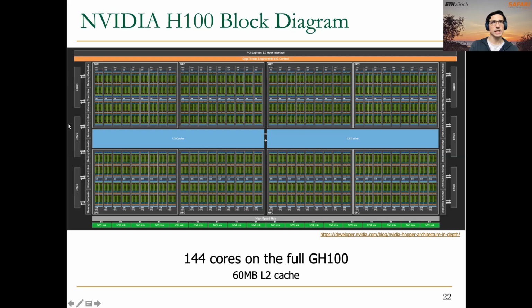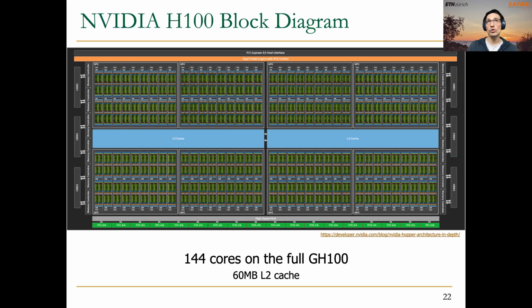You can see the stacks of HBM3 memory represented here with the memory controllers on this side, and on the other side of the GPU block diagram. And also here in the middle, you can see the large L2 cache that theoretically can reach up to 60 megabytes. As far as we know, in the first product that will be released, the size of this L2 cache will be 50 megabytes.